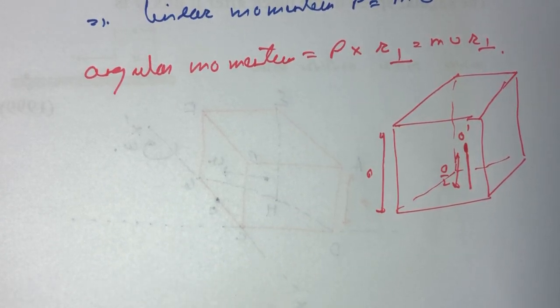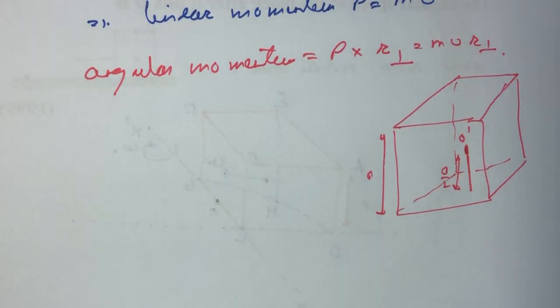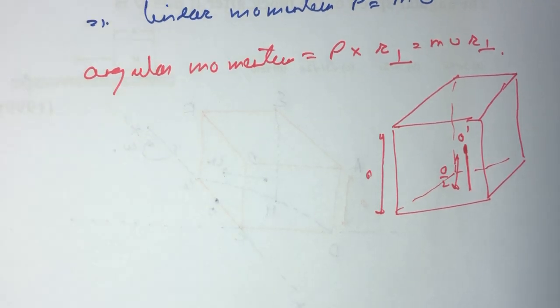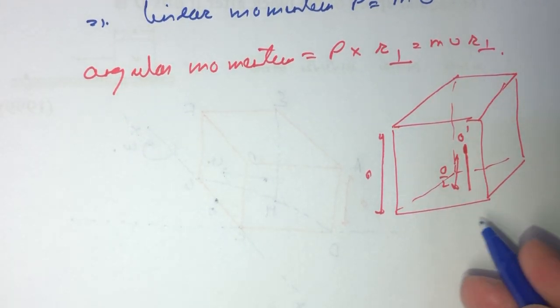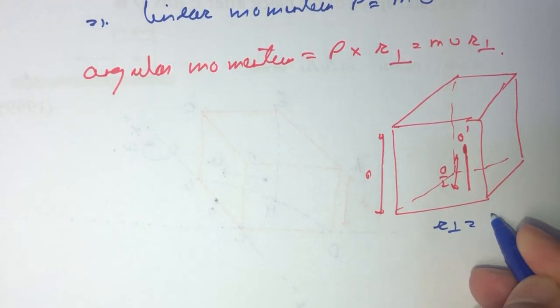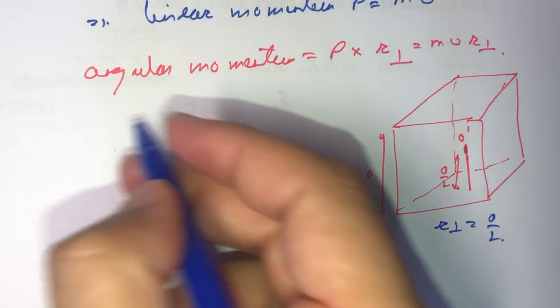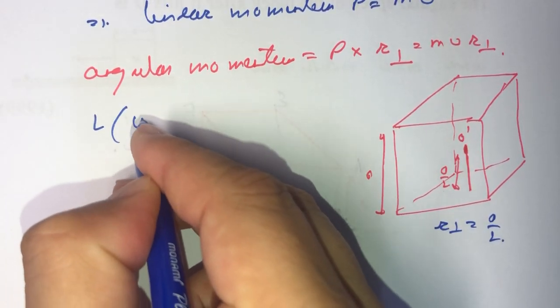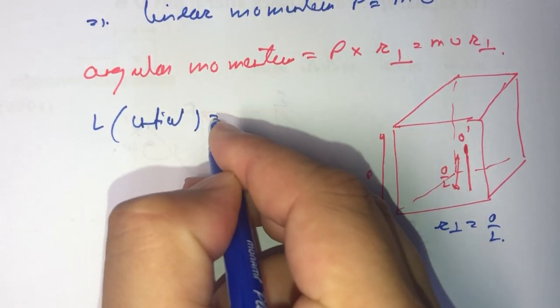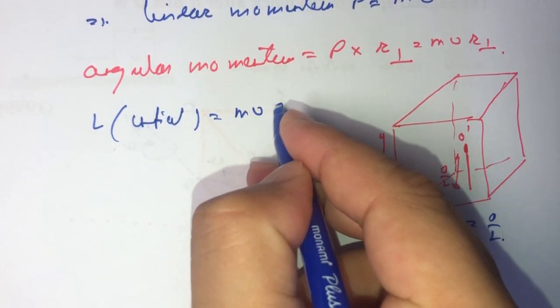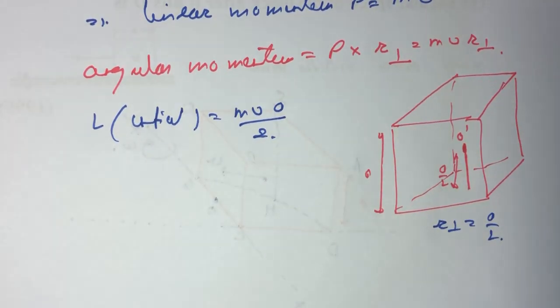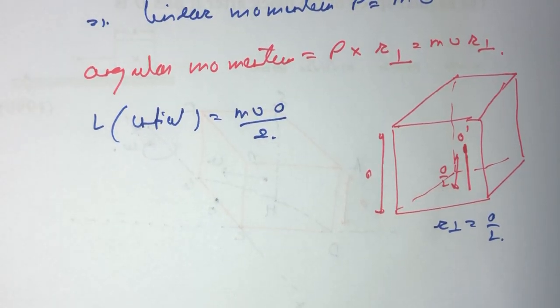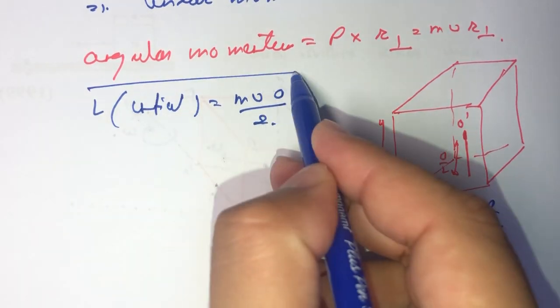Therefore r perpendicular will be equal to a by 2. Therefore L initial, angular momentum initial, will be equal to mva by 2.